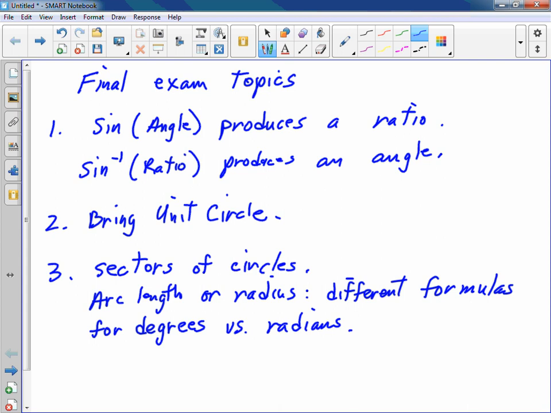There'll be lots of simplifications of crazy expressions, cosecant theta times secant theta times sine theta, all those crazy things.